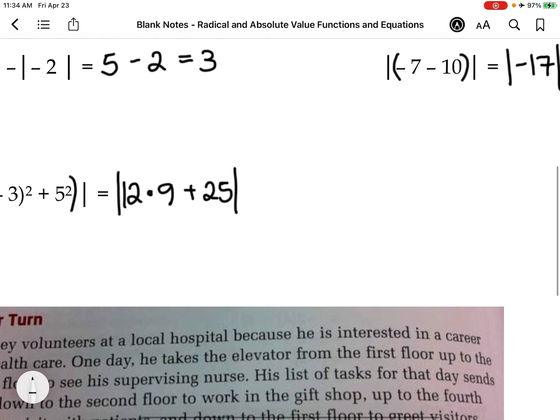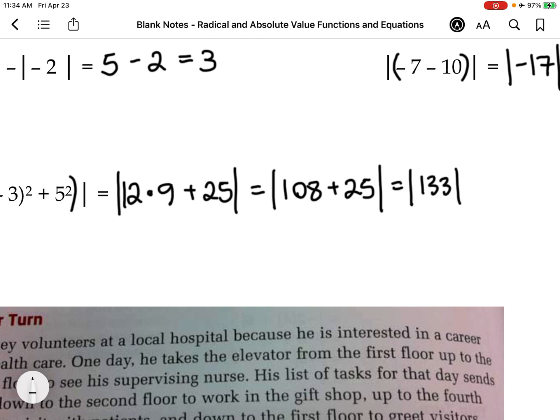And then what is that? 12 times 9 is 108, plus 25. And 108 plus 25 is the absolute value of 133, which is just 133. Okay, so there we have those.